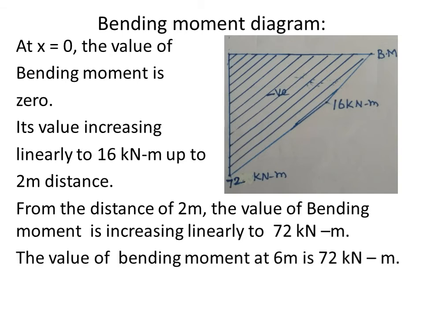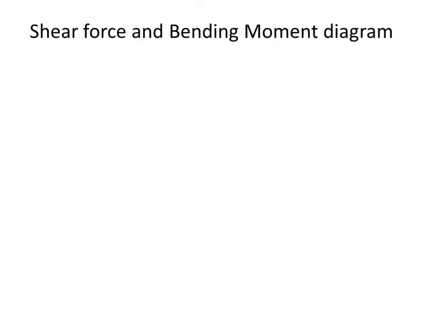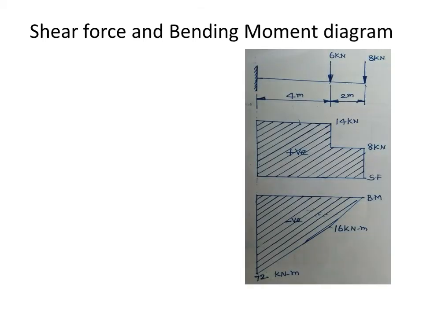The value of bending moment at 6 meters is 72 kilonewton meter. Shear force and bending moment diagram for the given problem is like this: loading, shear force diagram and bending moment diagram.